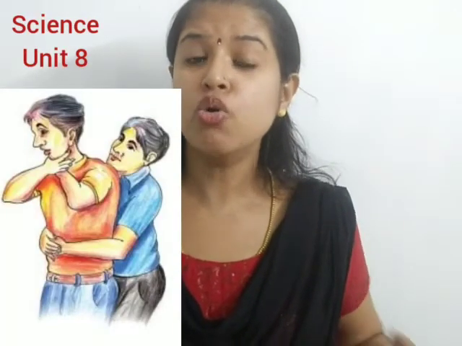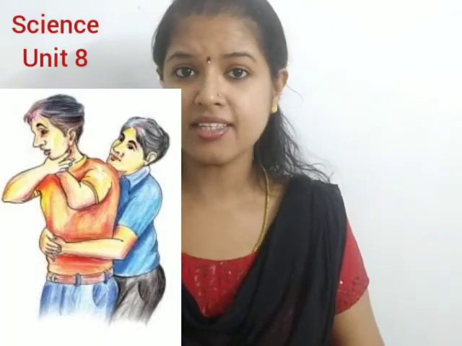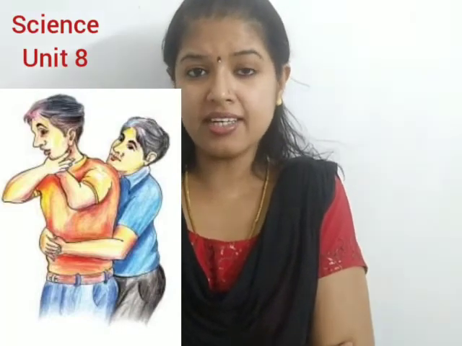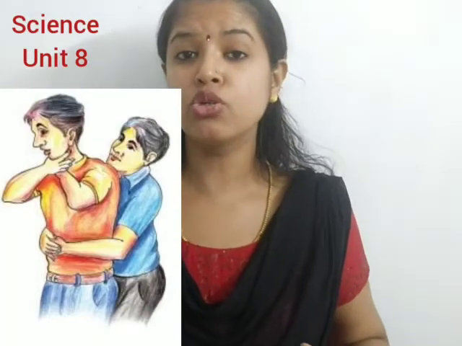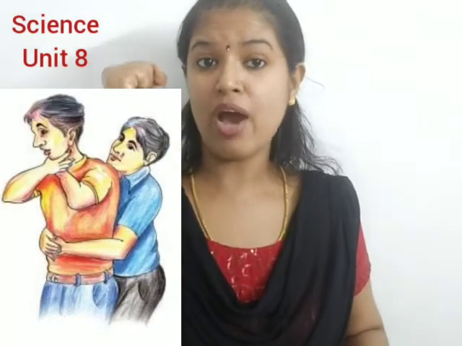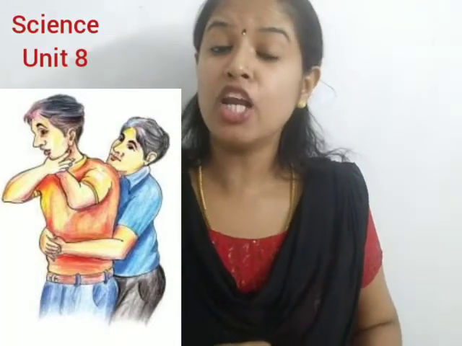You can see from the picture, you have to hold the person from behind the abdomen. Then you have to fold one palm and place it below the ribs.